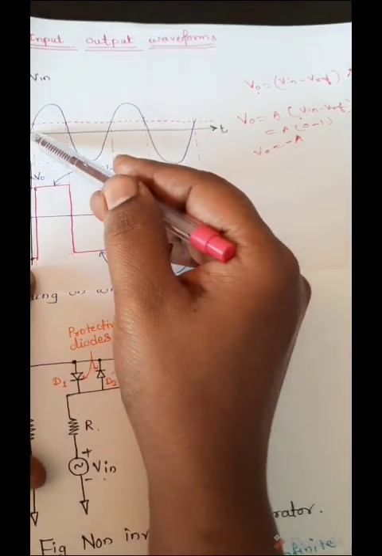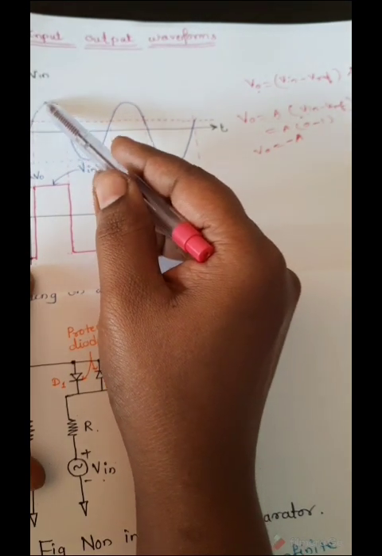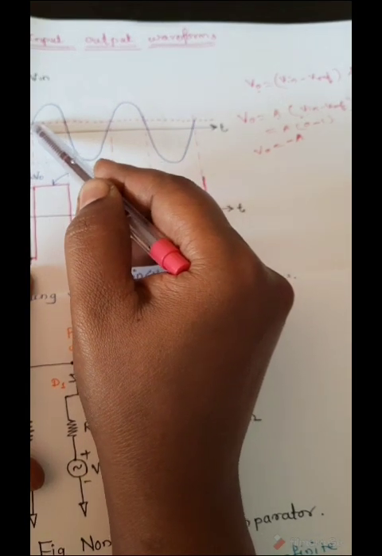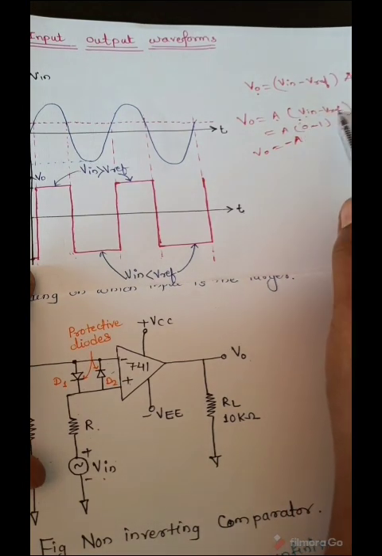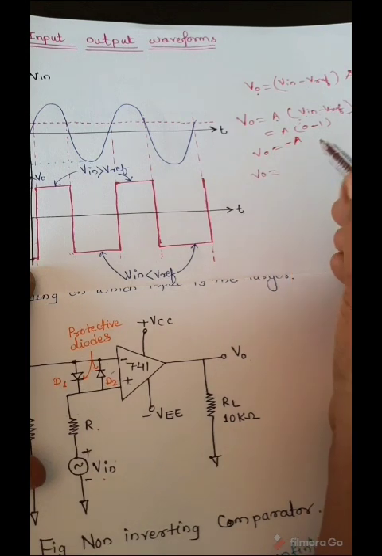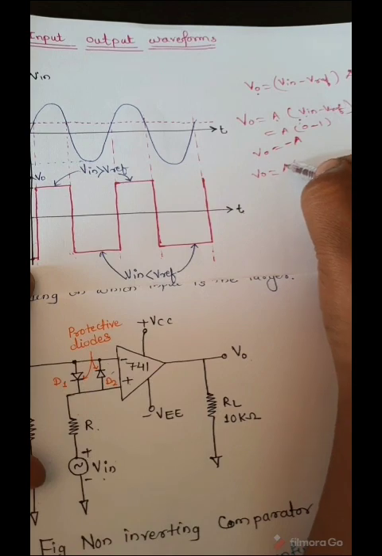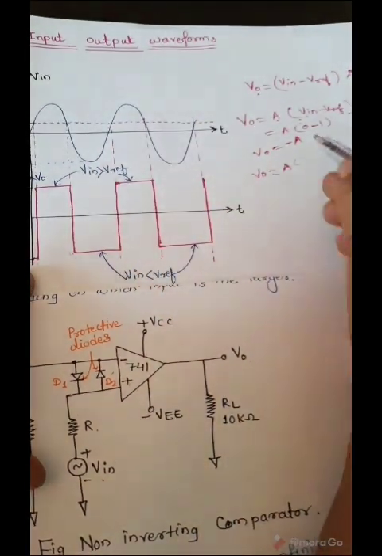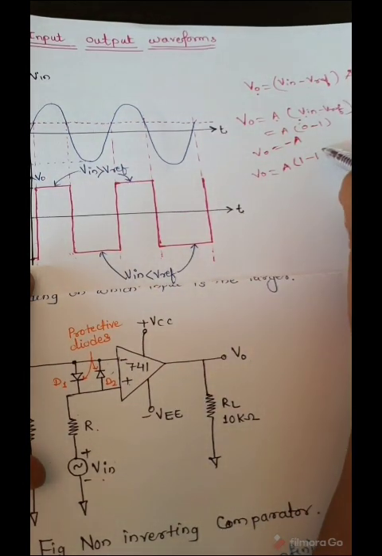Now the signal is increasing towards the positive peak. At the instant when Vin becomes equal to Vreference, both have the same value, so the output voltage is V0 equals A times (1 minus 1), because Vin is increasing in the positive direction and the reference voltage is again plus 1.